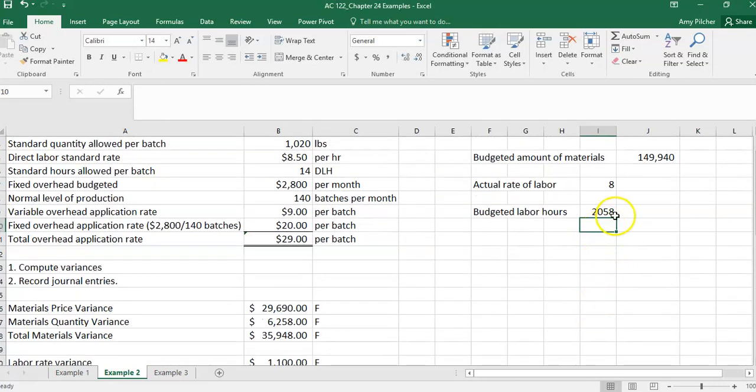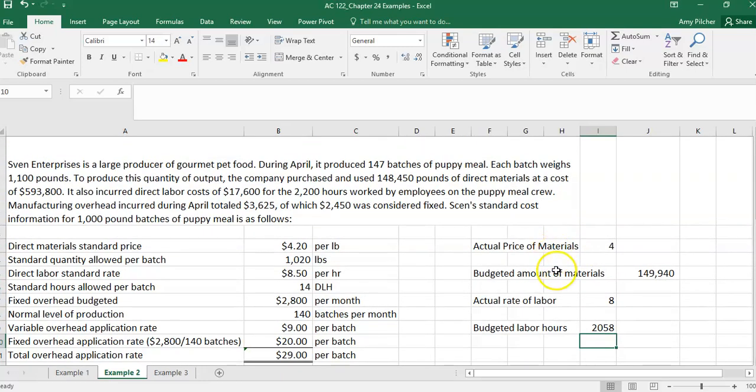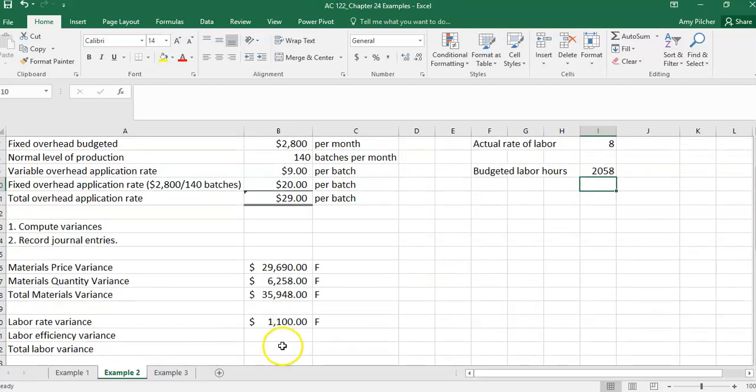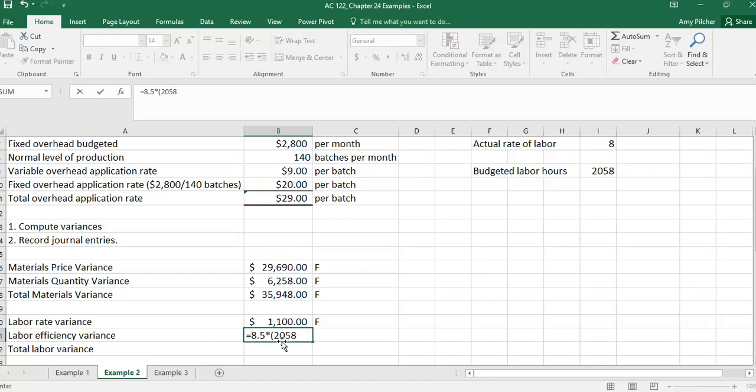So our budgeted labor hours were 2,058 and our actual labor hours were 2,200. So we take our standard rate of $8.50 per hour for direct labor times our budgeted labor hours minus what we actually used.